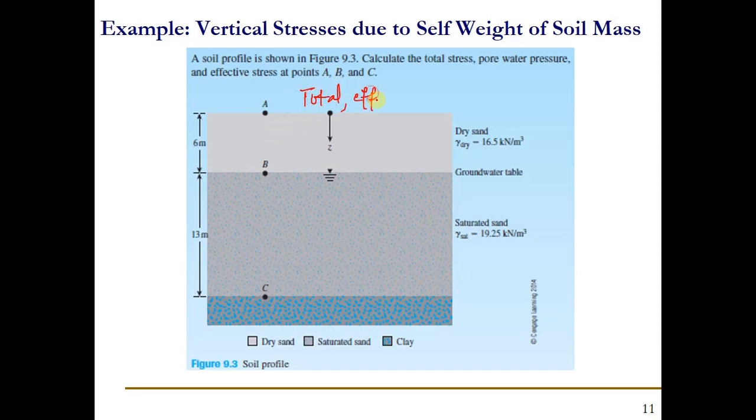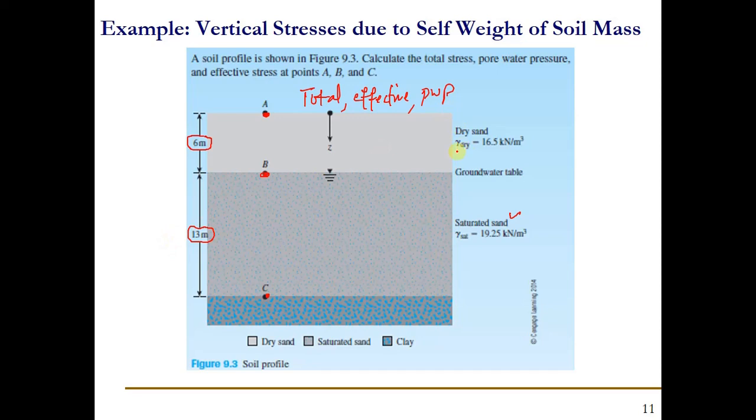Let's solve a simple example where we need to find out the total stress, effective stress, and pore water pressure at point A, at point B, and at point C, in this soil profile. The depth of the first layer is 6 meter. The depth of the second layer, which is a saturated sand, is 13 meter.